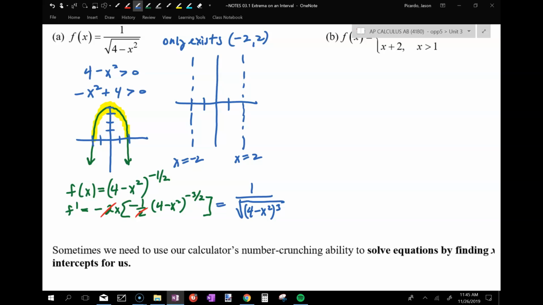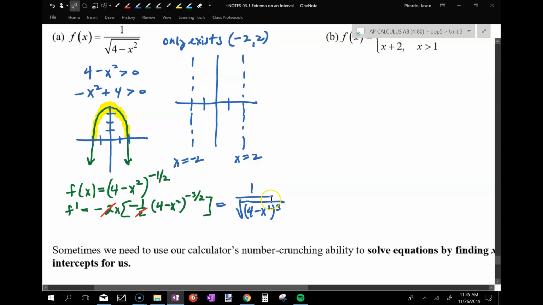Okay, so here's what I got to figure out now. Is there any way that this derivative can equal 0? No, not probably. The only way that a fraction can equal 0 is if the top equals 0. Well, what's the top? The top's 1. So no. Is there any way the bottom of this can equal 0?